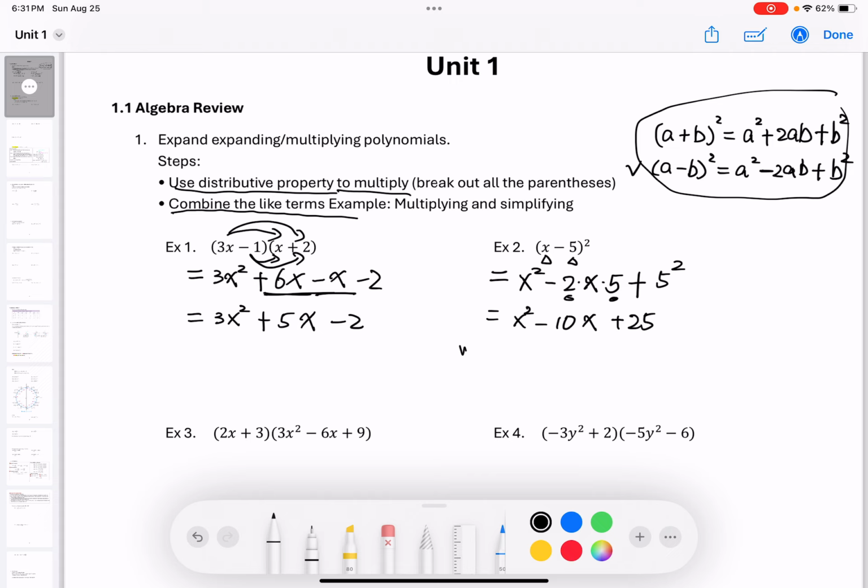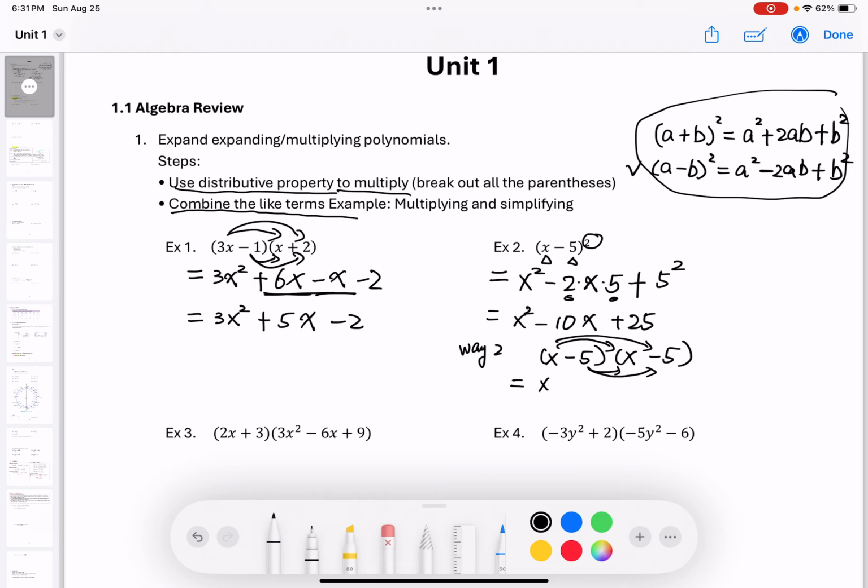So, way 2. We say squared means x minus 5 times itself. Then we can distribute the x in the second parentheses, then distribute my negative 5 in the second parentheses.